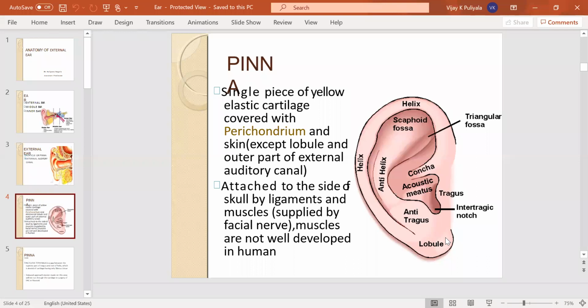Except for the outer part of the external auditory canal and the lobule, the remaining part is made up of a single yellow elastic cartilage. It is a trumpet-like undulating projection from the side of the head. The function of the pinna or auricle is to collect the sound vibrations from the environment.